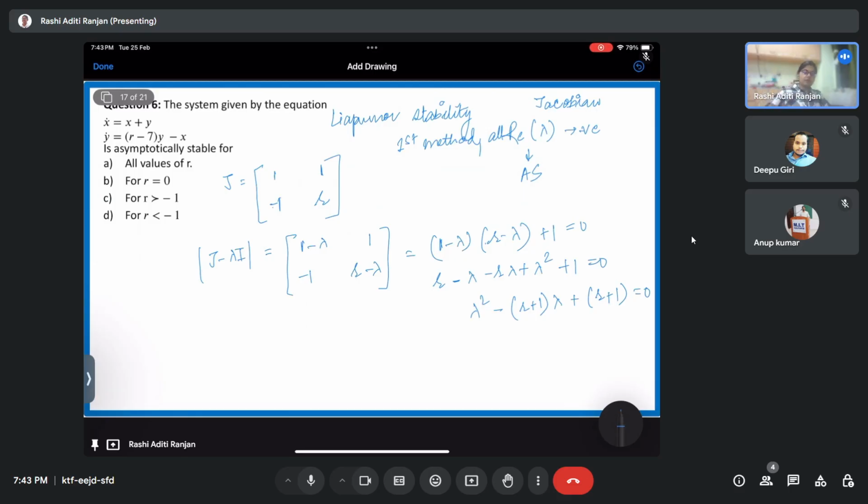Now we find the eigenvalues, which are r plus 1 plus minus under root of (r plus 1) square minus 4 times (r plus 1), divided by 2. We will not be concerned about whatever is inside the under root, because we are only concerned about the real parts of lambda. So the real part is nothing but (r plus 1) over 2, and it should be less than 0. So r should be less than minus 1. D option is correct.